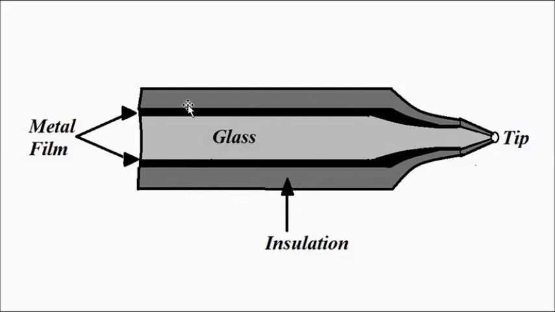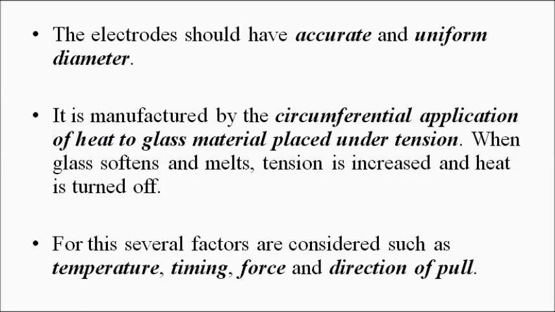This is the insulation which is provided so that there is no leakage of the signal, and the total outer surface is covered or coated with metal film. So this is the glass microelectrode.